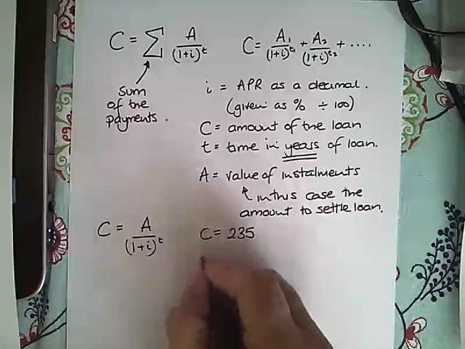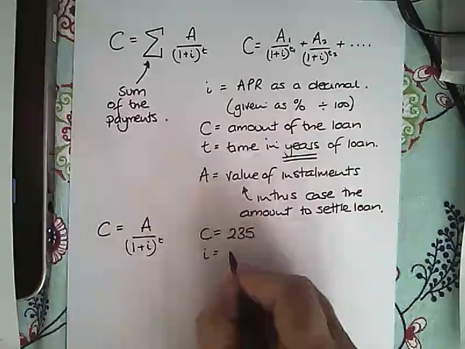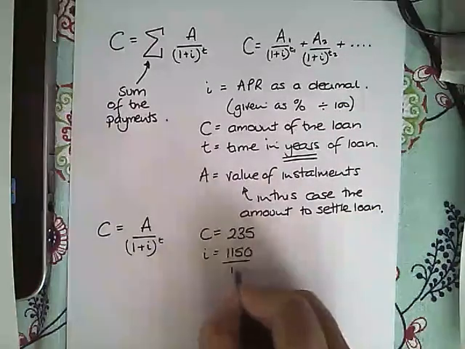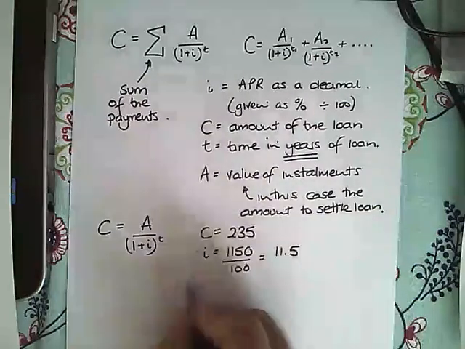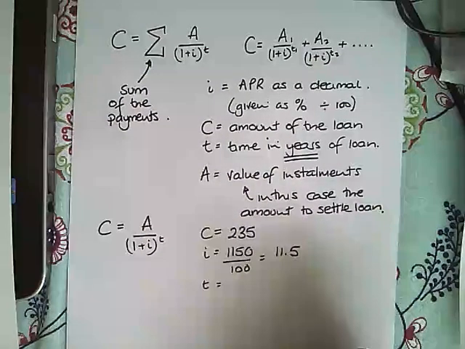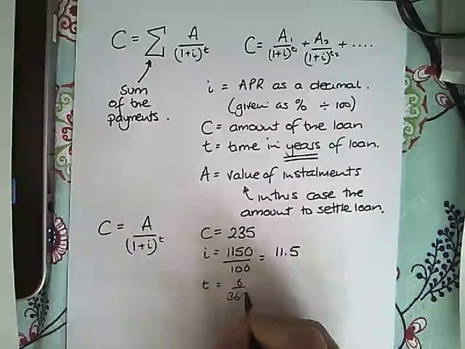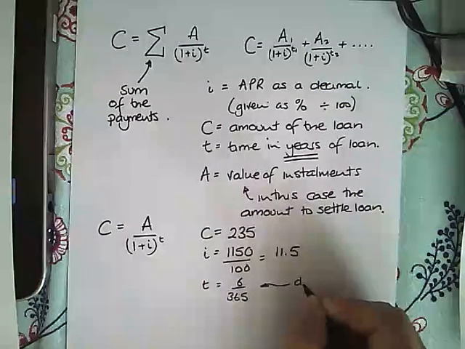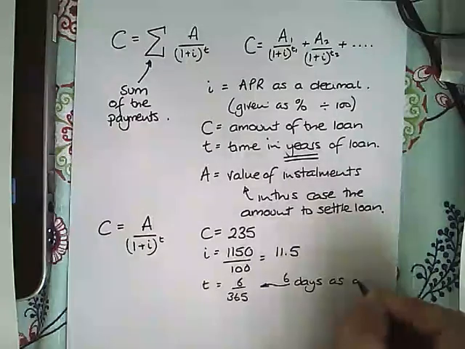Our I is our percentage divided by 100 to get it as a decimal, so 1150 divided by 100, that's 11.5. Our time is equal to 6 out of 365, and that's because it was 6 days as a fraction of a year.